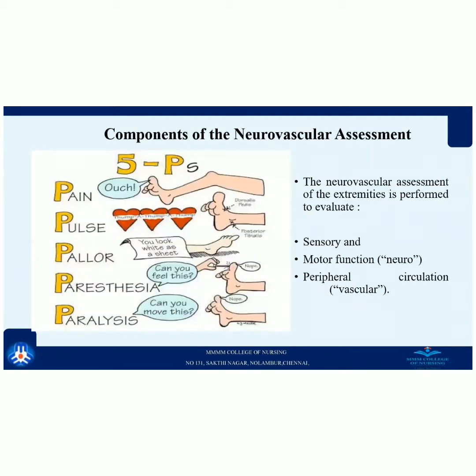Let us have a look at the components of the neurovascular assessment. Neurovascular assessment basically includes the 5 P's, which are pain, pulse, pallor, paresthesia, and paralysis. And we can also include pressure, cold, pain, and passive stretch, along with these 5 basic components.